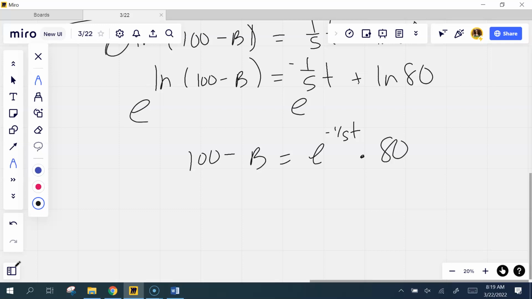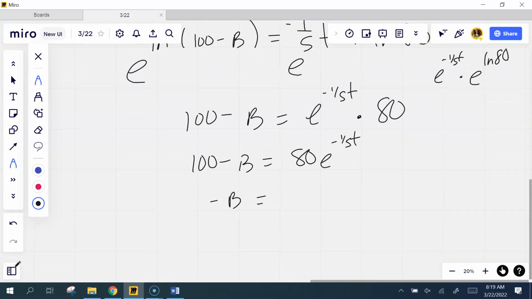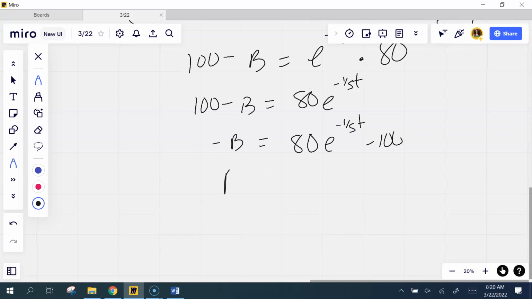So this is the same as e to the -150 times e to the log 80. So this is really 100 minus b equals 80 e to the -150. Now I'm just going to move that 100, and that's exactly right. Just switch them around to look a little prettier. You definitely don't have to.